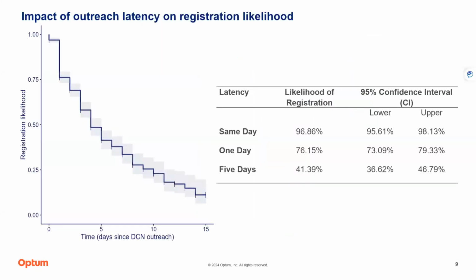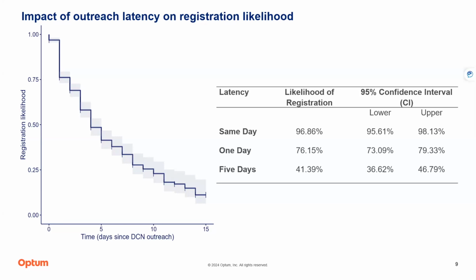Moreover, what I think is also fascinating is that we learned that the latency by which the DCN outreached our patients had a very strong impact on the likelihood of registration. So if a DCN was able to get in touch with a patient the same day as their referral from their clinician, the likelihood for registration was almost 97%.